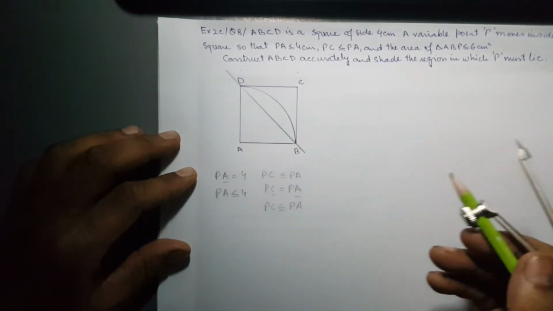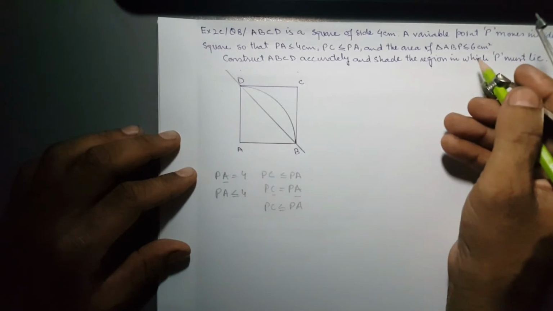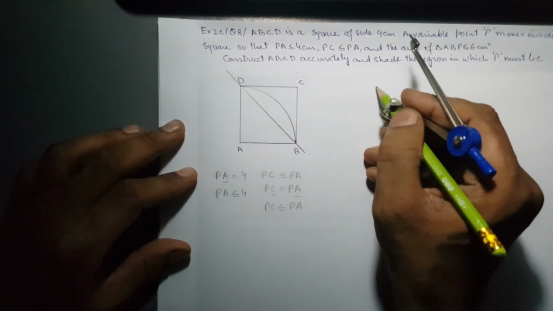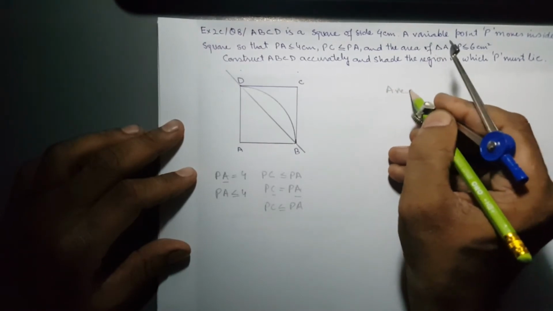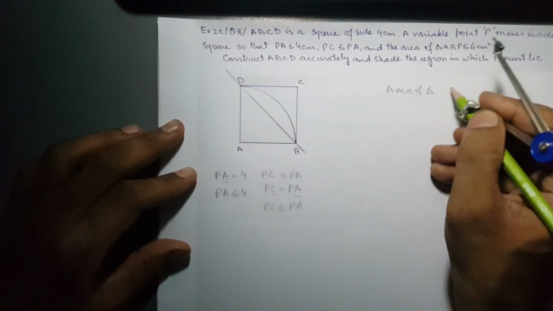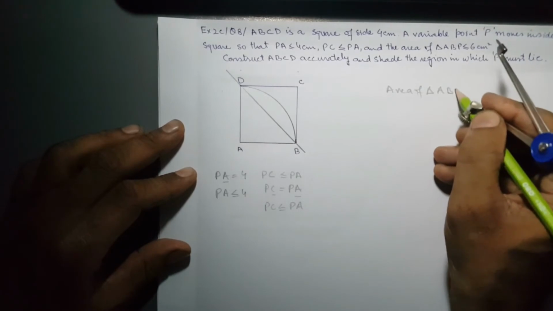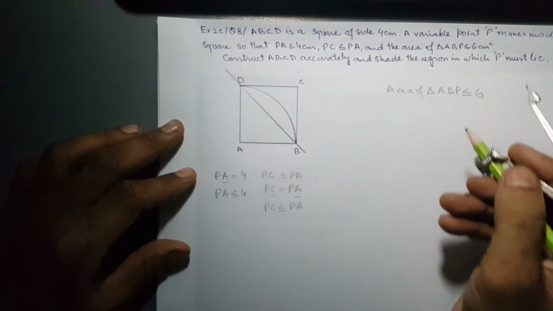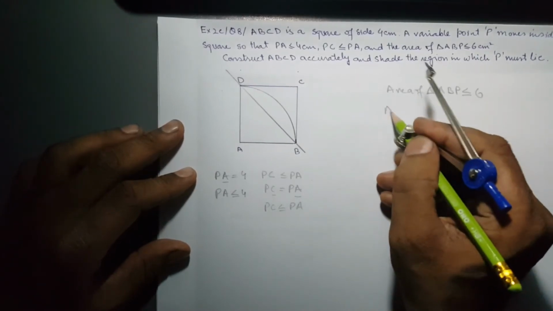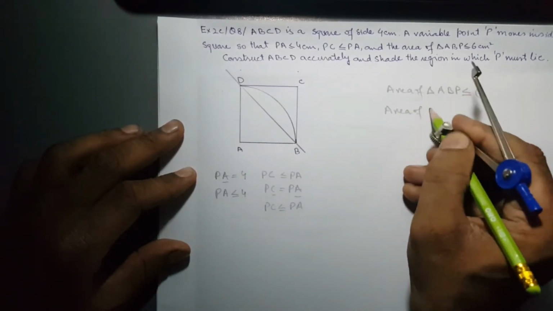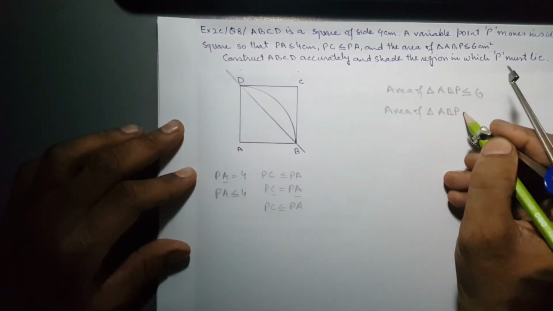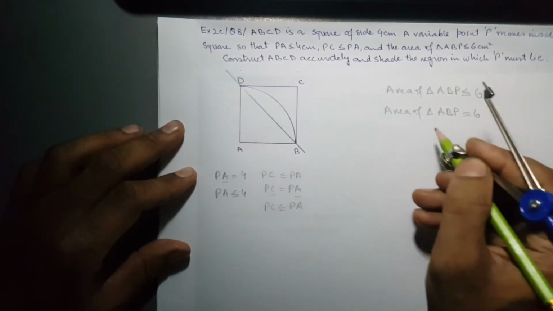Now, another locus is given: the area of triangle ABP is less than or equal to 6. Area of triangle ABP, we will put an equal sign.